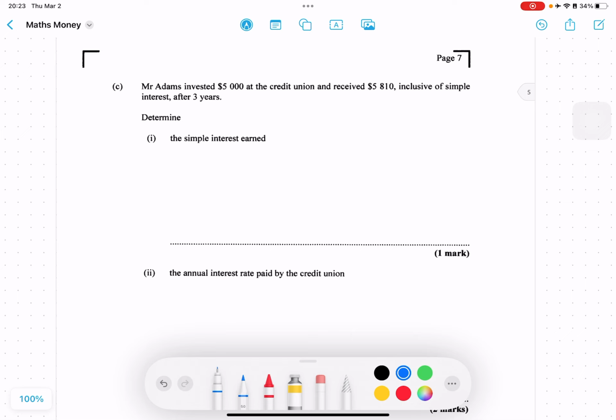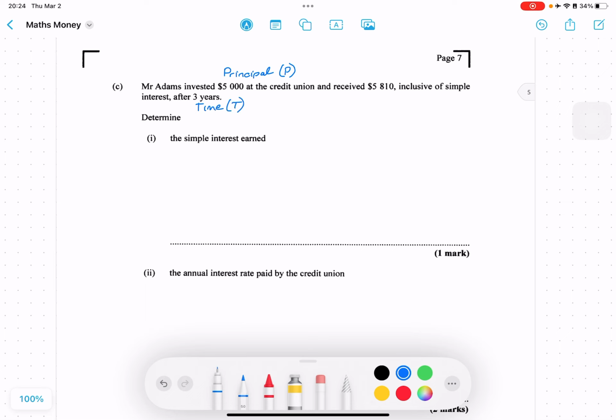So the $5,000 is the initial investment, and this becomes our principal, which is P. Okay, he received $5,810, which is his final principal, basically, but we don't need to actually say anything about that. And the 3 years becomes our time, and we label that as T.